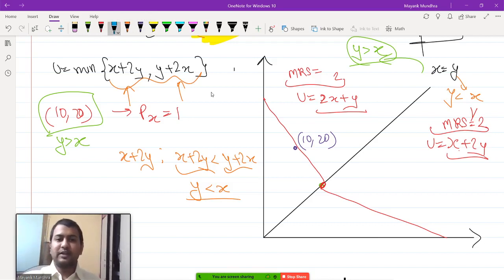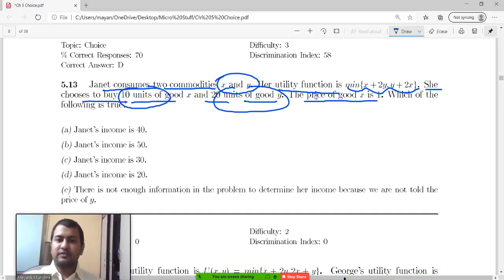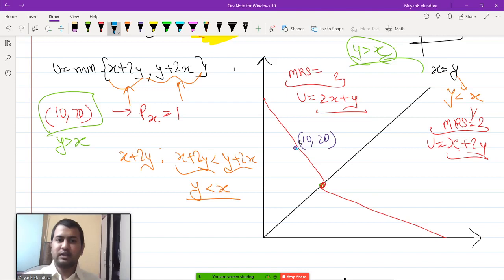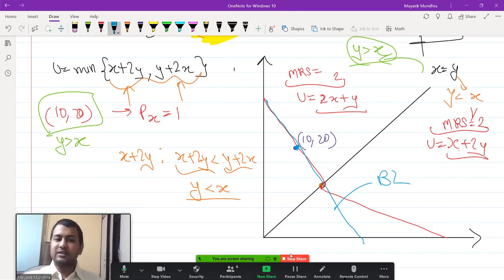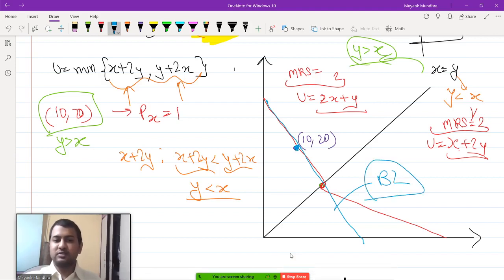Yeah, 10 comma 20 is on the left side. On the left side, you are saying that you are consuming a point like this. So you can only consume a point like this when your budget line looks like this. So this should be the shape of your budget line. Only in this situation you will consume a point on this curve.